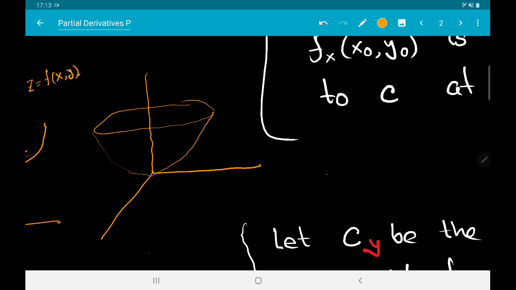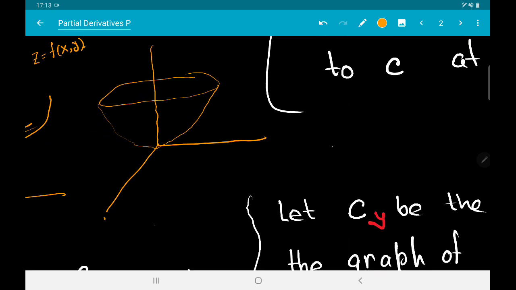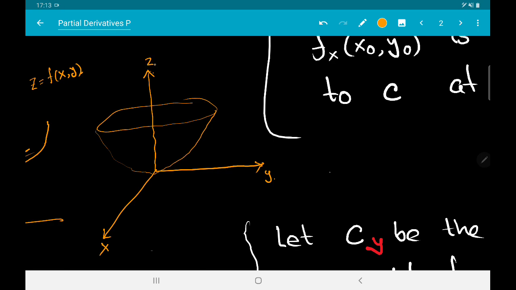Okay, so I must give you the x, y, z coordinates. Suppose this is our x axis, this is our y axis, and this going above is our z axis. Suppose that we are given a point x0, y0 in R2 in the domain. Then this should correspond to a point x0, y0 comma f of x0, y0 on the graph of the function.